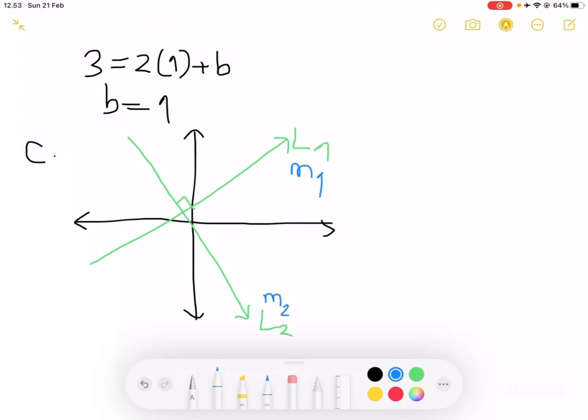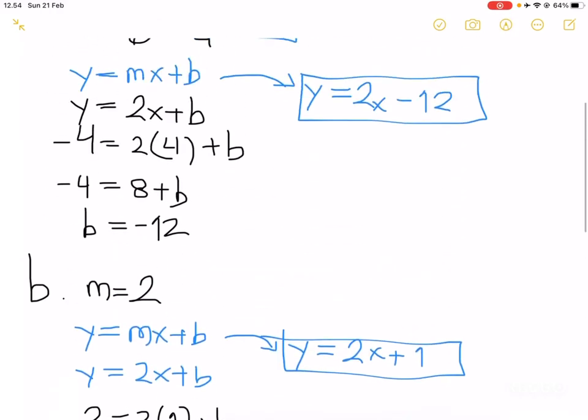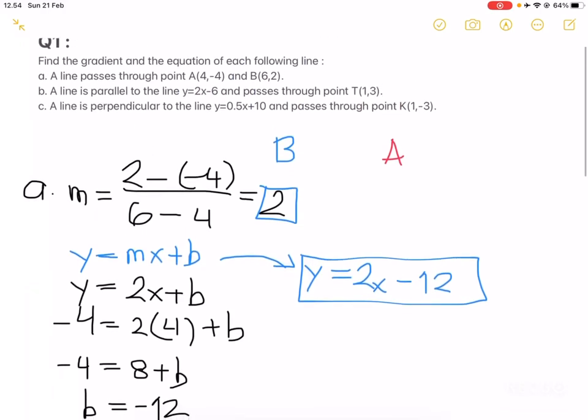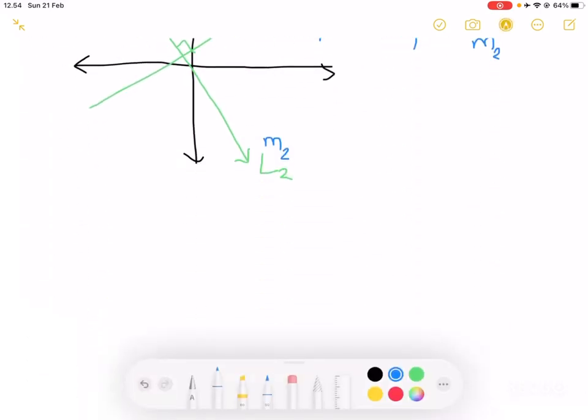The relationship between both of these is that m1 is the negative reciprocal of m2. In other words, the gradient of a line is the negative reciprocal of the gradient of the other line, given that they are perpendicular. So the gradient of our unknown line must be the negative reciprocal of 0.5, which is simply -2.